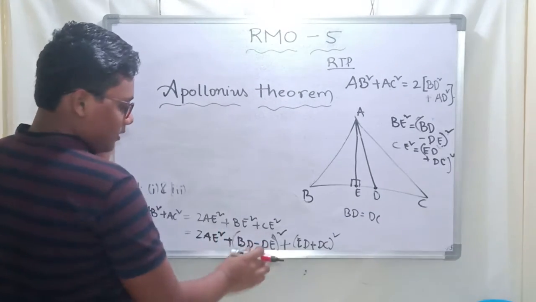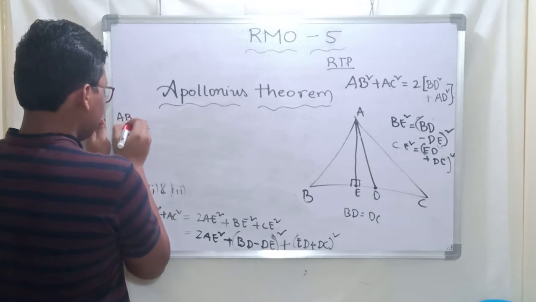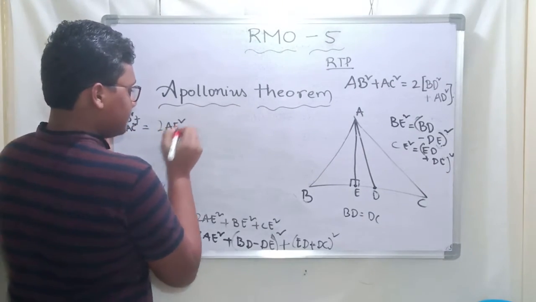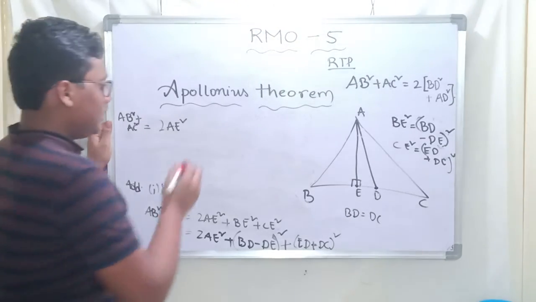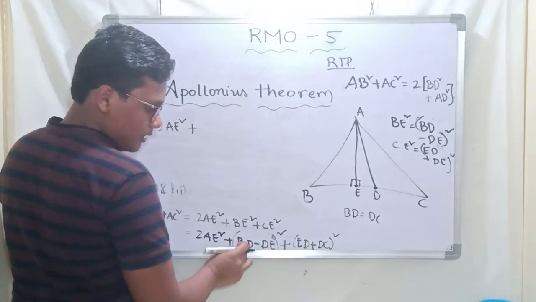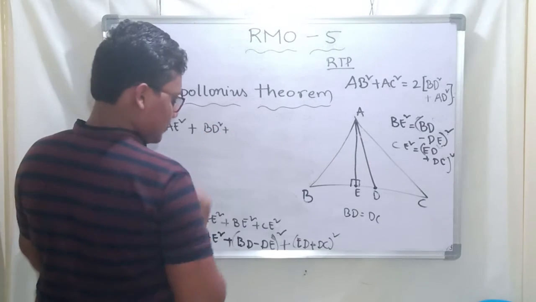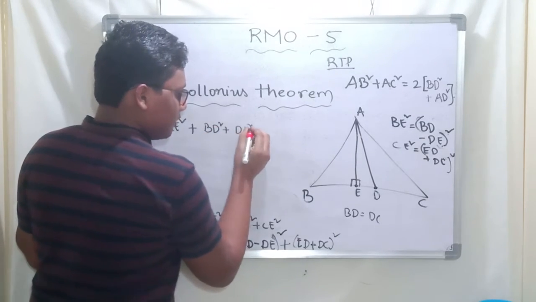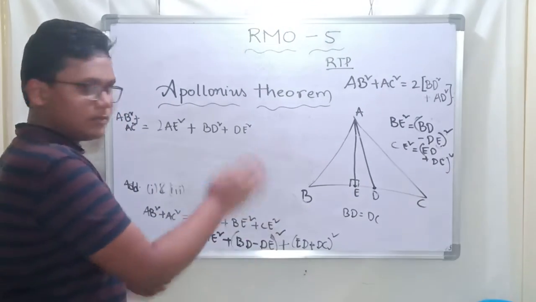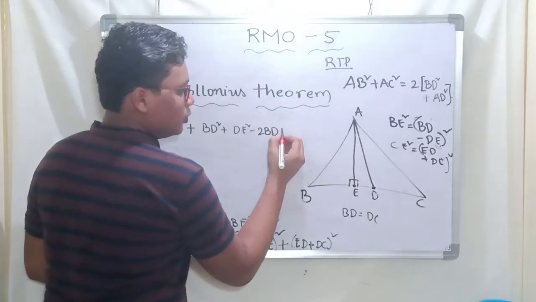So AB square plus AC square is equal to 2AE square plus BD square plus DE square minus 2 BD into DE, which I get by simplifying BD minus DE whole square.